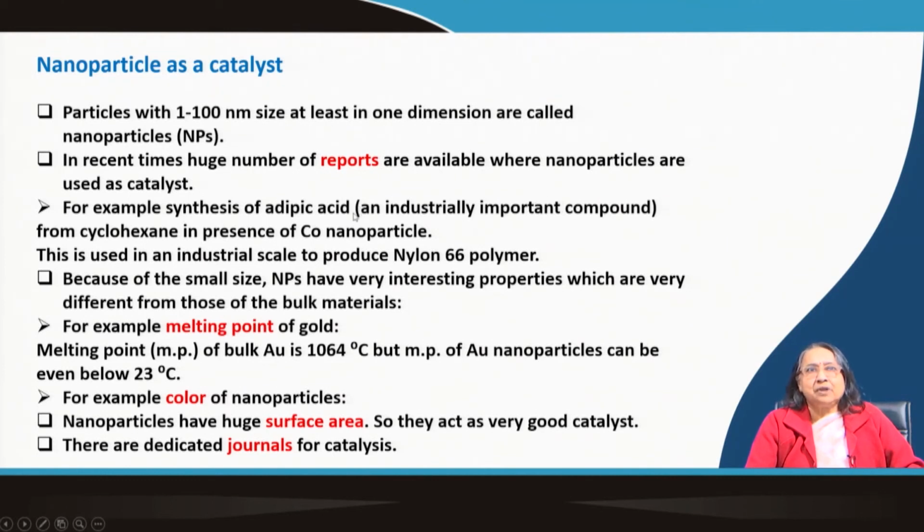Adipic acid can be synthesized from cyclohexane by using cobalt nanoparticles. Okay. I have not given the details, but I can tell you that the cobalt nanoparticle is acting as a catalyst in this reaction. Cyclohexane, if you know benzene, then if you remove the double bonds, it will be cyclohexane.